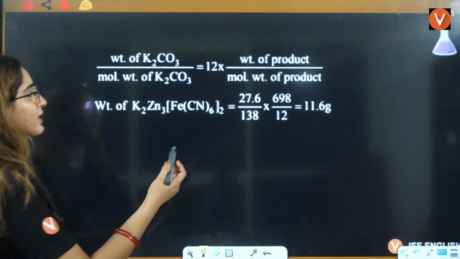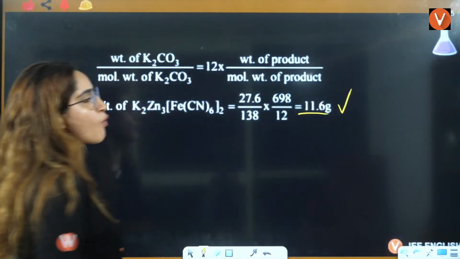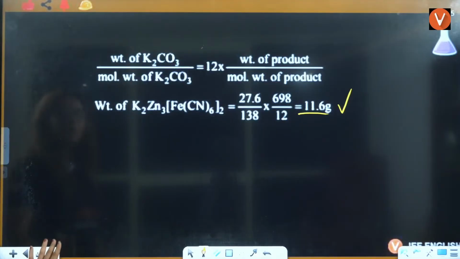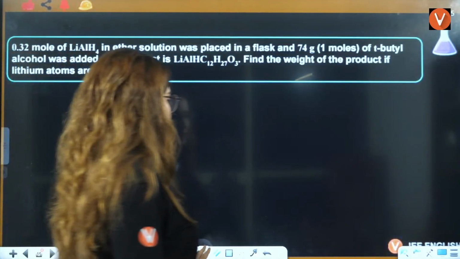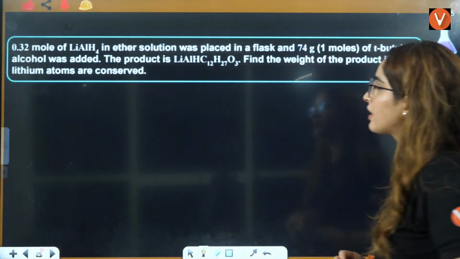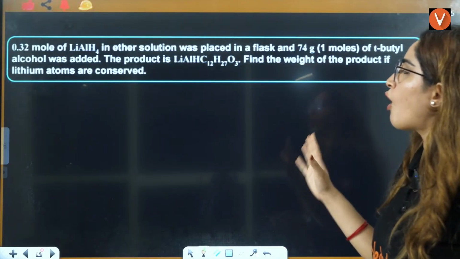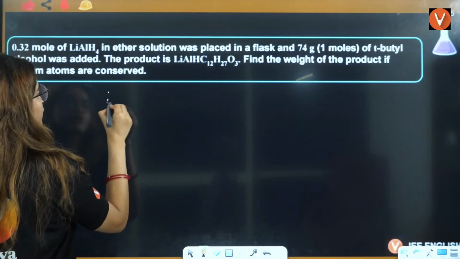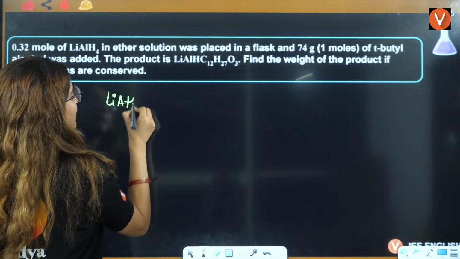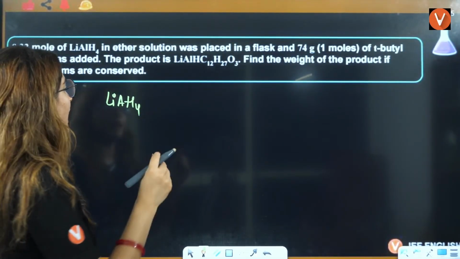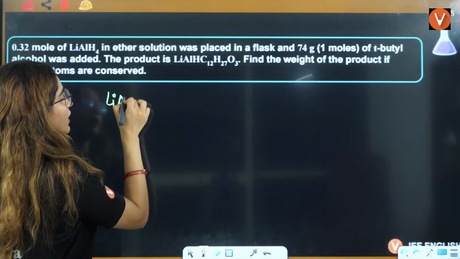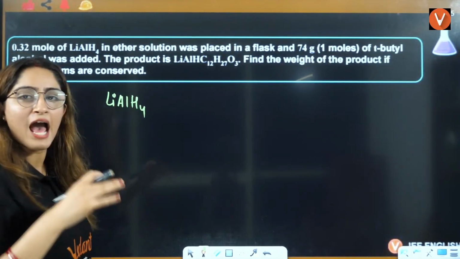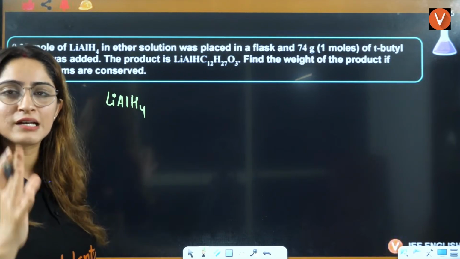After solving, you will get the answer as 11.6 gram, right? Now, the next question is, they have given you 0.32 mole of LiAlH4, right? This is LiAlH4. Whenever you see an application of POAC, you will never have all the reactants and products in the reaction.